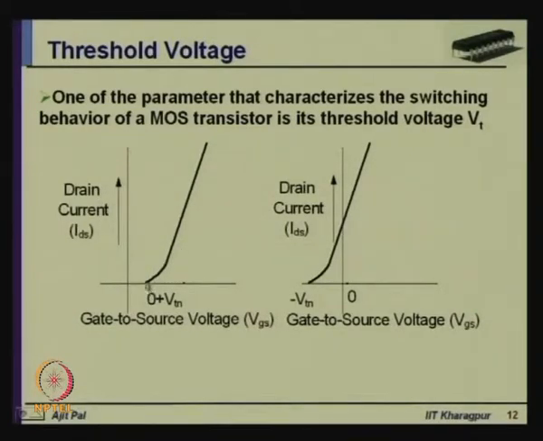You have to apply a threshold voltage, VTN, to start the flow of current, and the characteristic curve will be somewhat like this, the drain current will increase, and as you know this essentially represents the drain current in the saturation mode. Although I have drawn it linearly, it will be quadratic, as we have seen: IDS is proportional to (VGS minus VT) square.